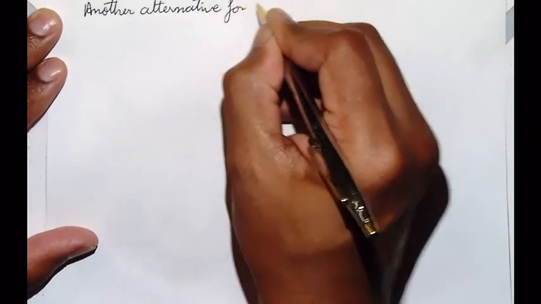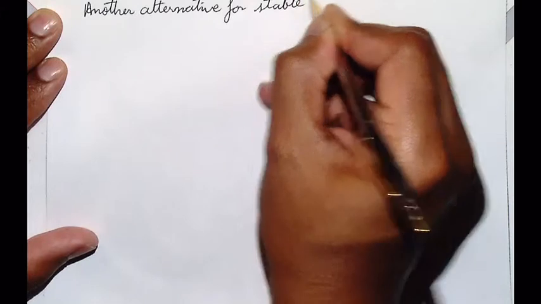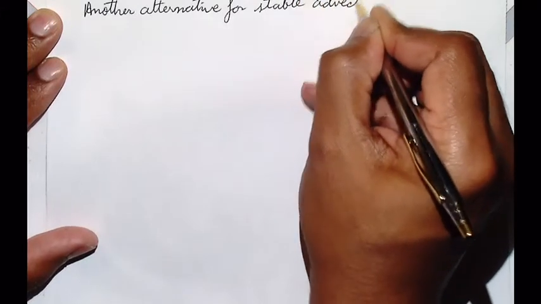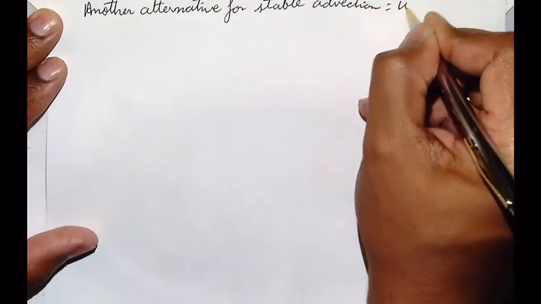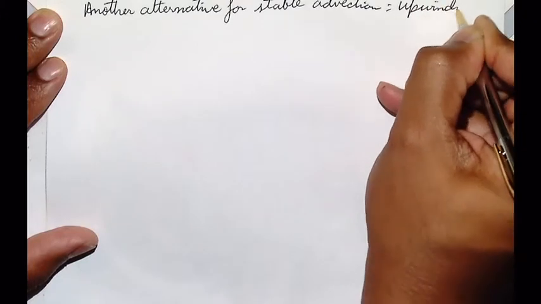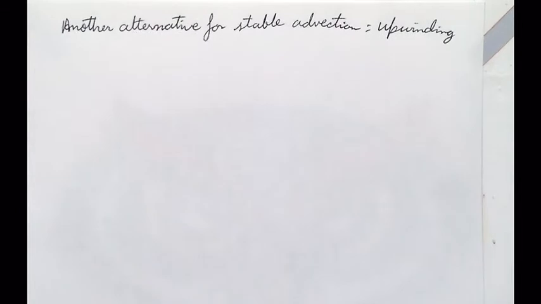So another alternative for stable advection is to use upwinding. And it's very, very straightforward.